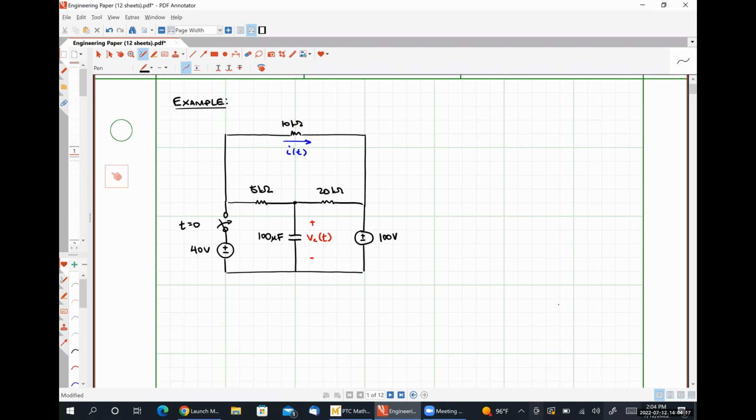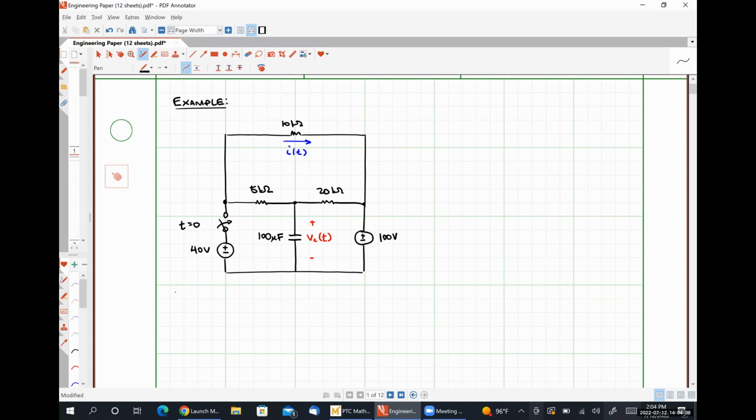this circuit, I believe, will obviously be a total response problem because we are switching in the 40 volt source as opposed to taking it out, and the 100 volt source is always going to be connected to the network that contains the capacitor.